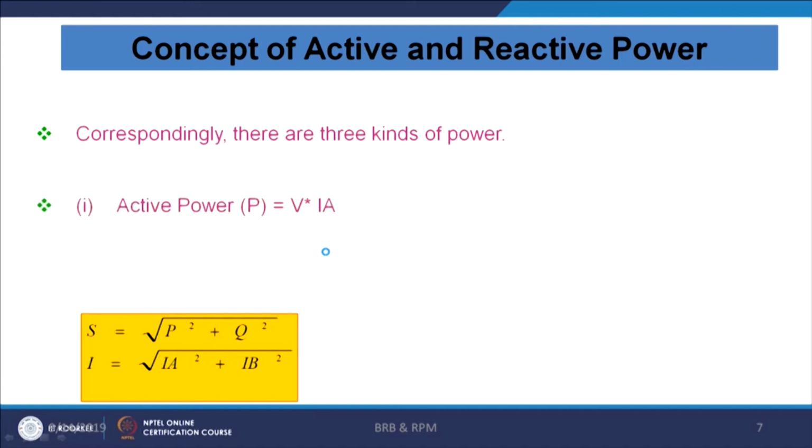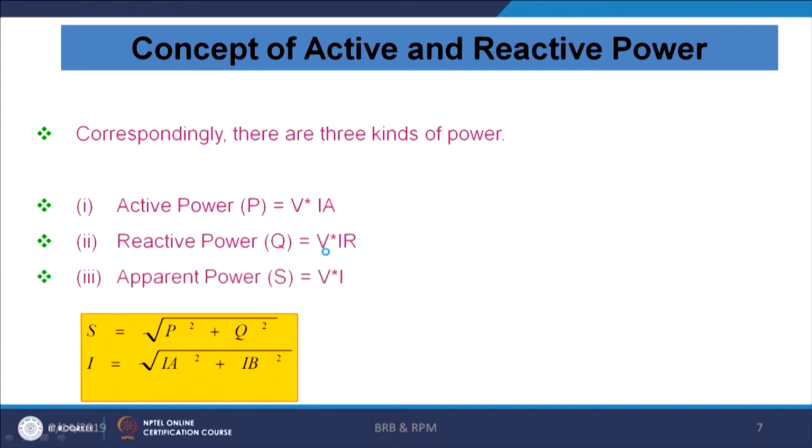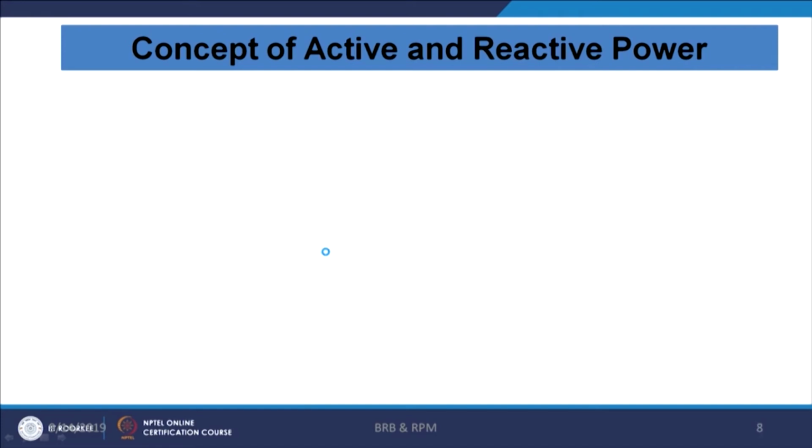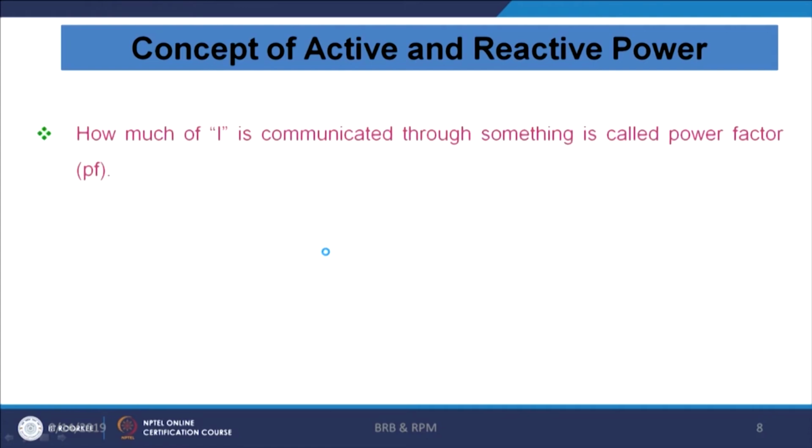Active power equals V into IA, reactive power equals V into IR, and thus the apparent power is V into I. These are the basics you are aware of. How much of the current is usefully utilized is communicated through the power factor, PF. IA equals I into PF, so P equals S into PF.